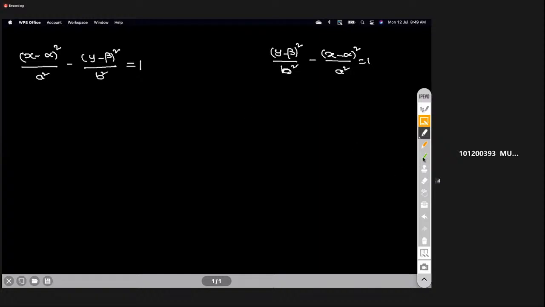How are these two? This is C. The hyperbola will be like this. This point is A dash, S dash, and the lines will be here.